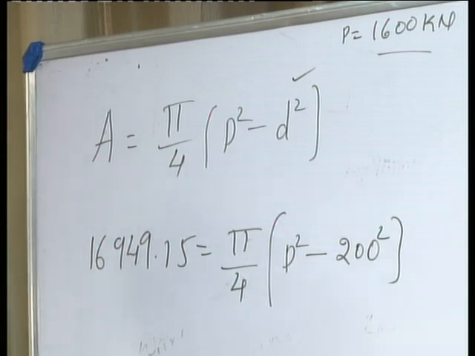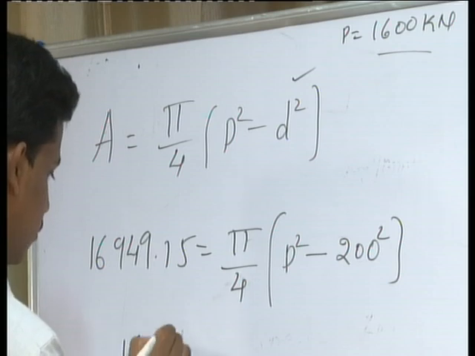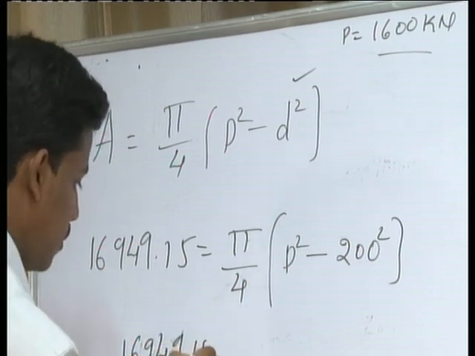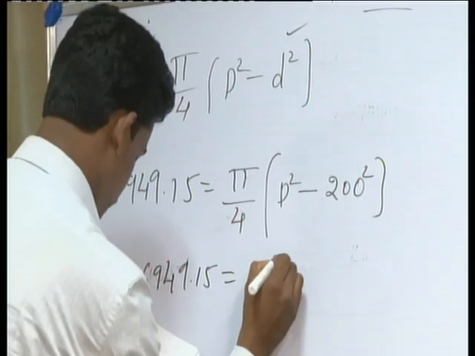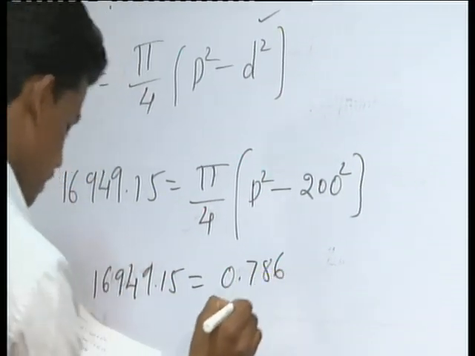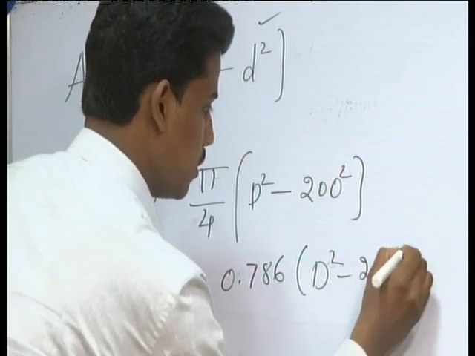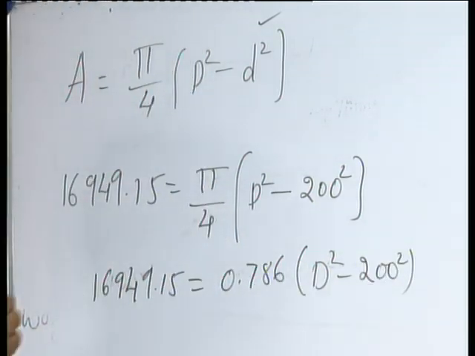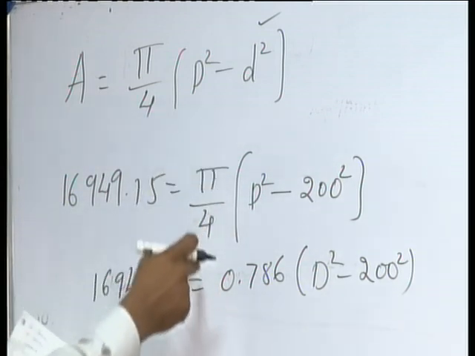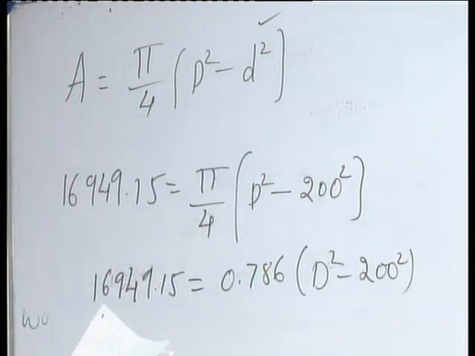By doing simplification, we will get 16949.15 is equal to 0.786 into D square minus 200 square. If you substitute pi is equal to 3.14, 3.14 divided by 4 gives 0.786.